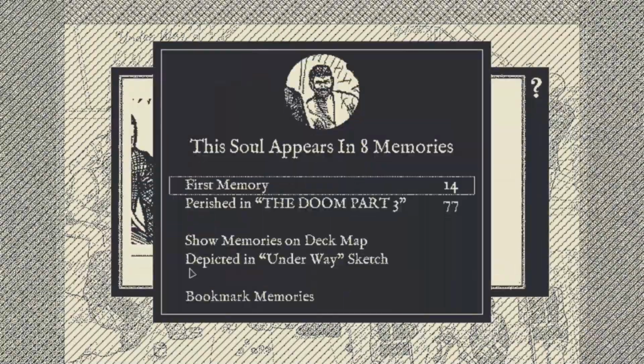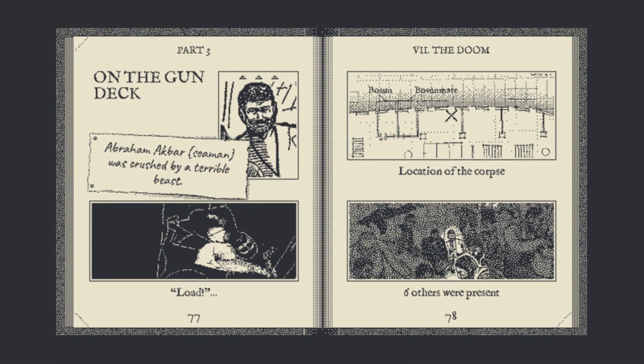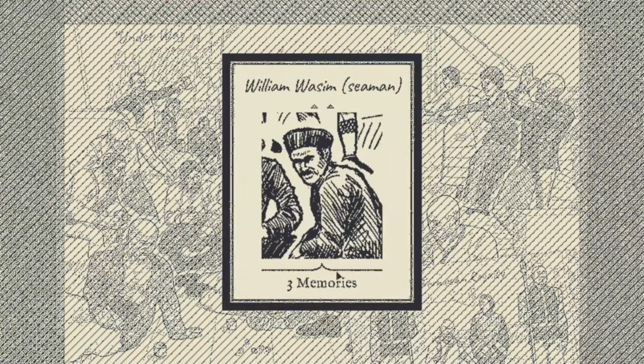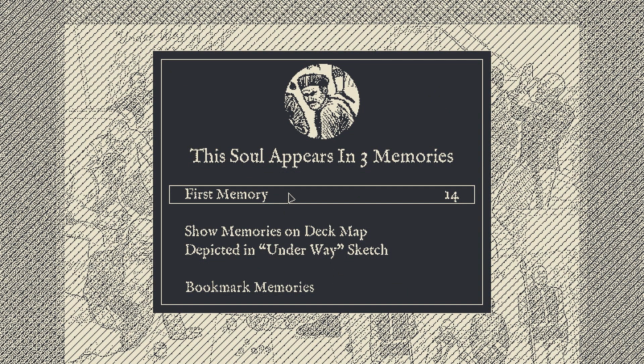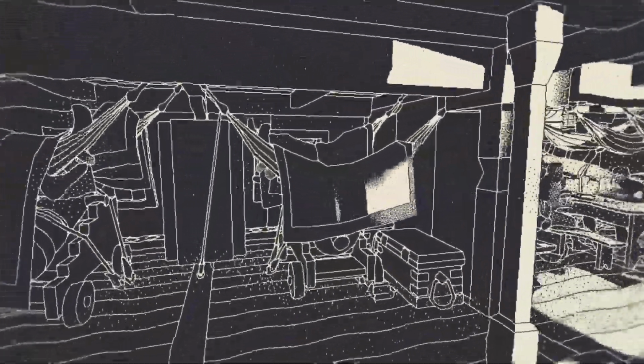If I look at the memories, he perished in the Doom. There was really only one thing killing people in the Doom, and it was the Kraken. So I don't think I could have gotten that wrong. So I know who this person is. I just saw him. I haven't seen him die yet. I'm sure he, like everyone else, dies.